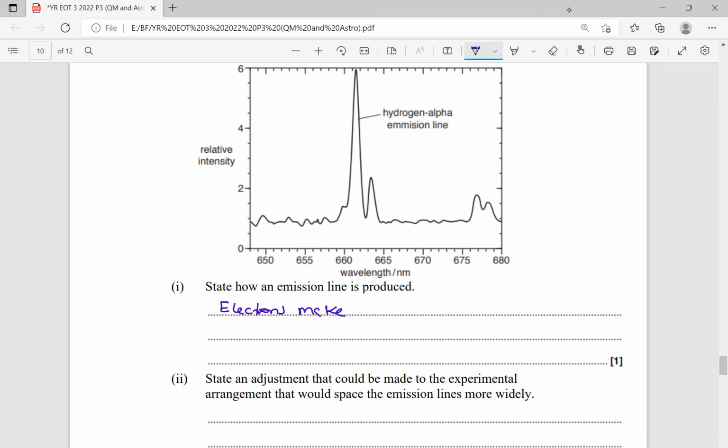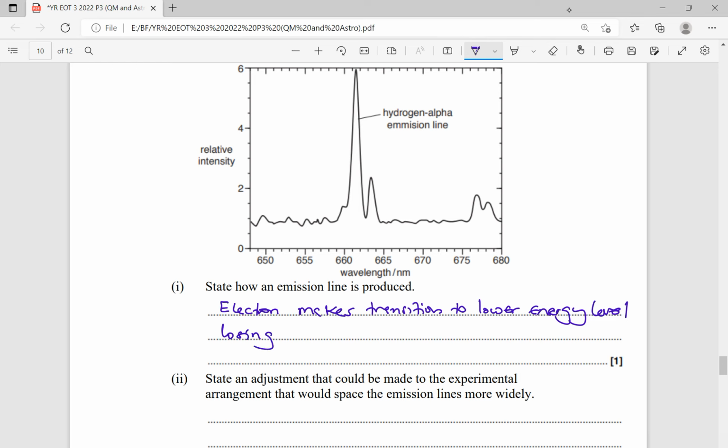Or an electron, let me consider just one. An electron makes a transition to lower energy levels, losing energy as it makes that transition.